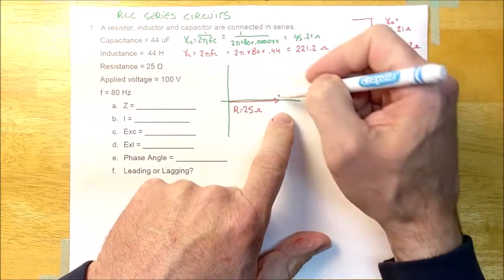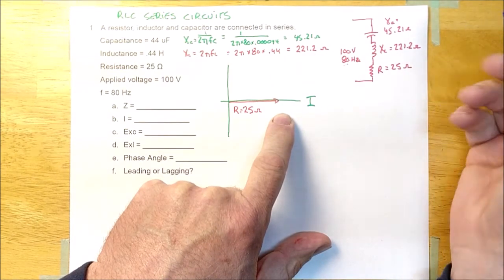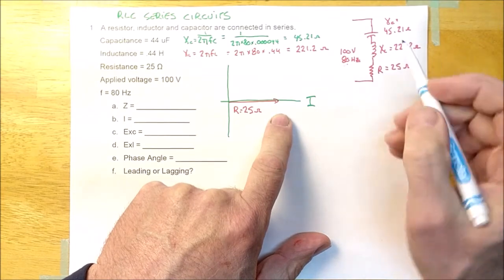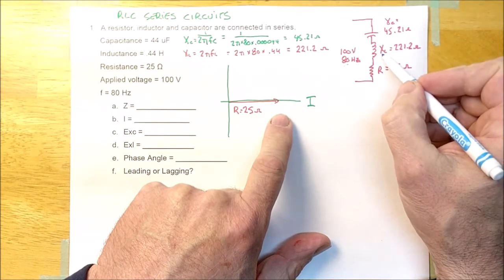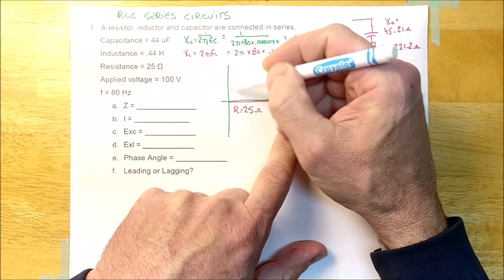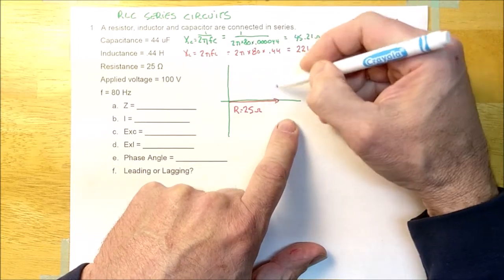I noticed that I didn't give myself enough room to draw a phasor that's 221 ohms long, but it doesn't matter. It won't be to scale, or it won't be perfect, but we'll figure it out here. So we'll draw the inductor next. It is 221.2 ohms. It needs to be drawn so that the current is lagging by 90, but I'm going to move it tip to tail.